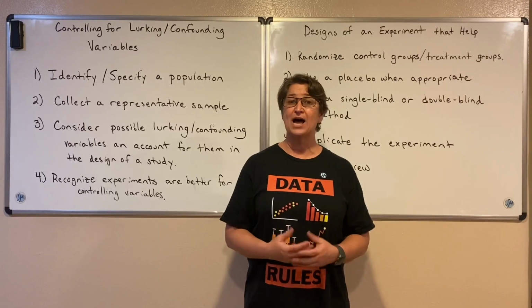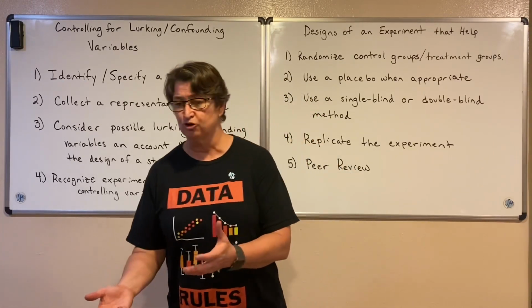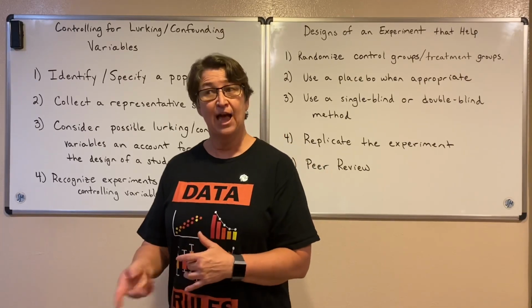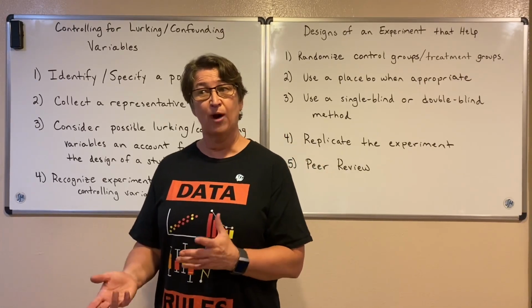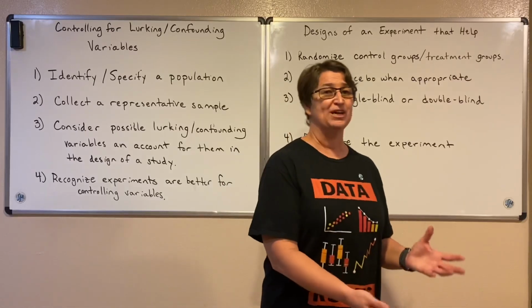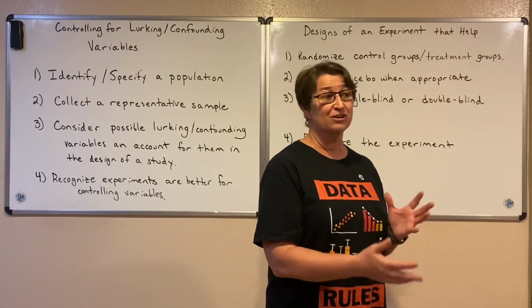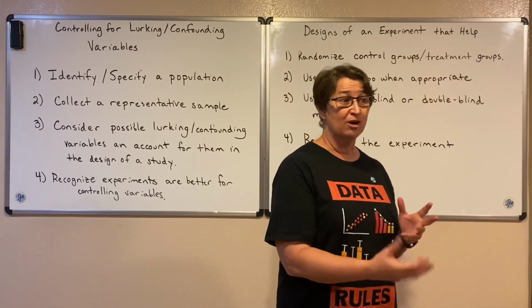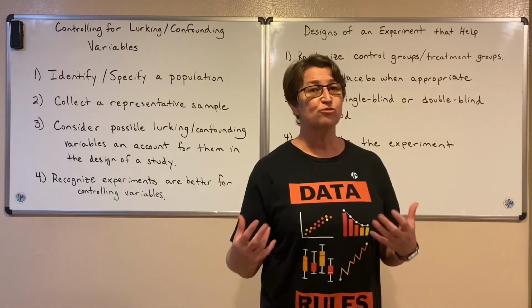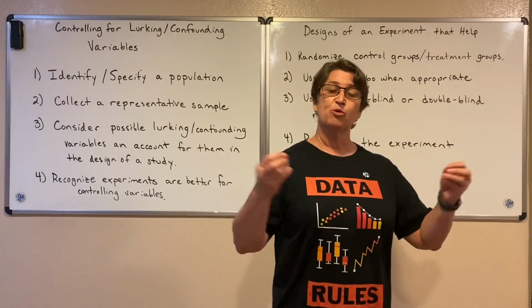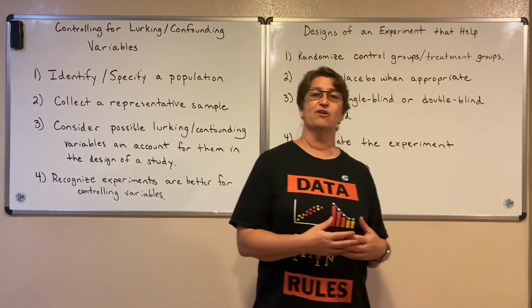I might not realize it, but I may walk over to the people who are getting the treatment and say, hey, how are you doing today? That treatment's going all right? Whereas when I go to the patients that aren't getting the treatment, I may say something like, hey, how's it going today? That treatment going all right? My words may have been the same, but my body language may be different. And that may bring in some confounding and lurking variable.